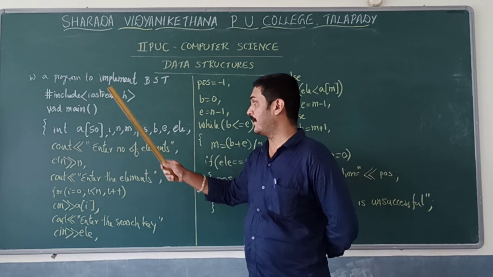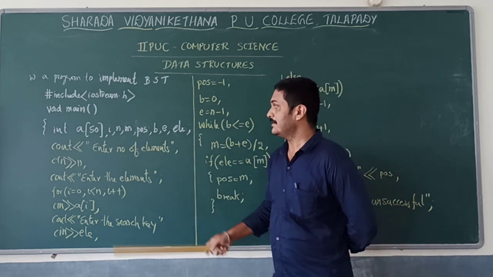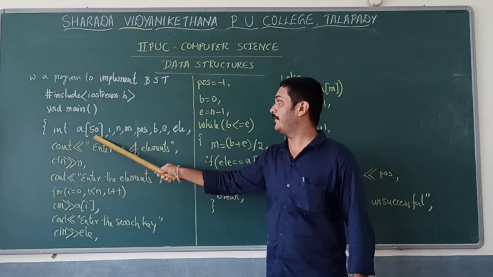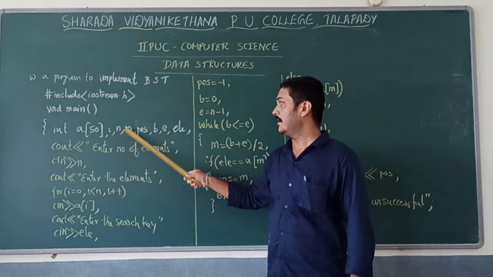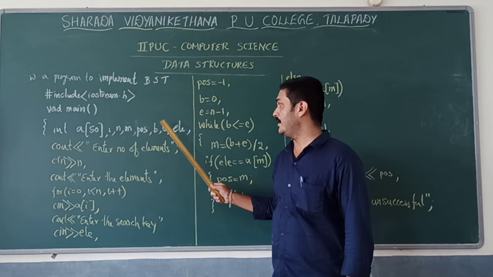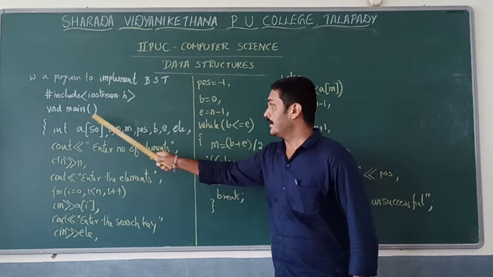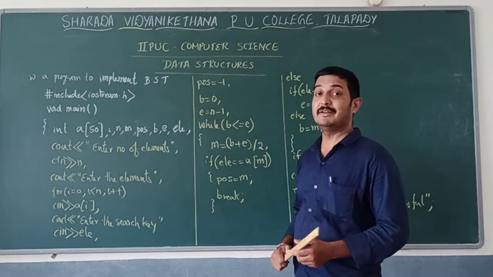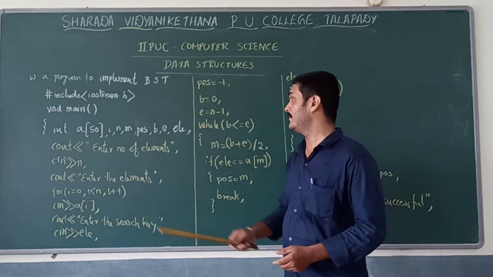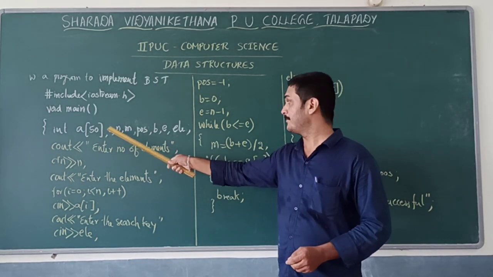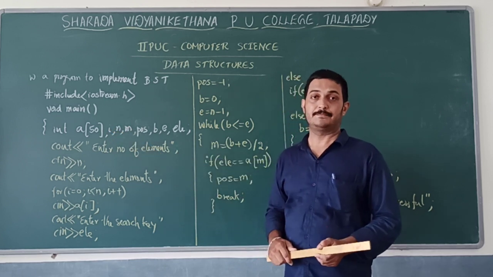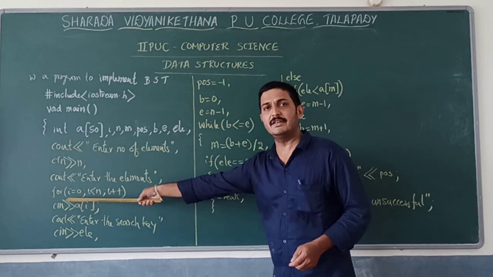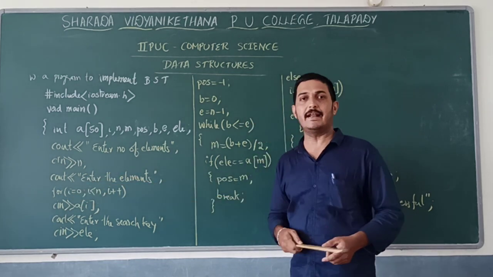Next, void main function. Next statement, we have to specify all the variables: int a[50], i, n, m, position, b, e, and ele. A of 50 means the array has a total of 50 elements. That means it's a limit on the number of elements that we can use in our program. I is to specify the location values, that means here we are accessing index values to read array elements.